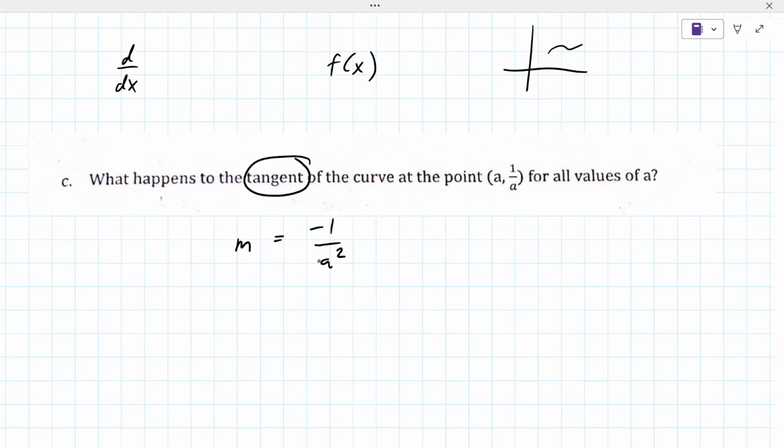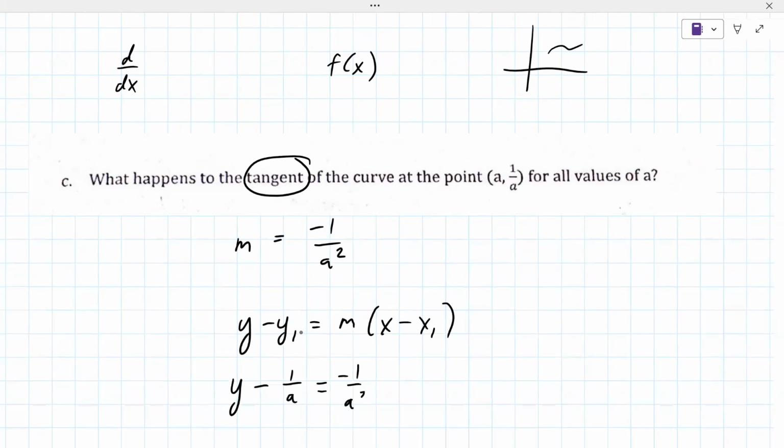And so I'm not exactly sure what they want here, but we could start with writing the tangent line, something like this. Y minus 1 over A is your slope, minus 1 over A squared, times X minus A, like that. Is that okay so far? Yeah.